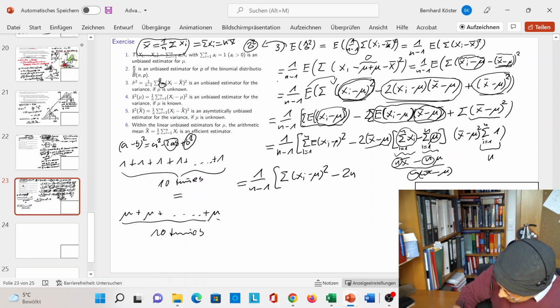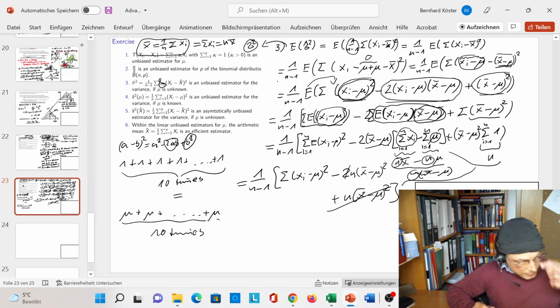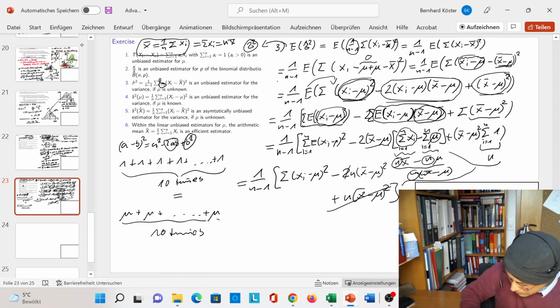So we obtain 2 times n times x bar minus mu squared, and of course this one, so plus n times x bar minus mu squared. This and this cancels out, and what we obtain is 1 over n minus 1 times, and this is our true parameter.